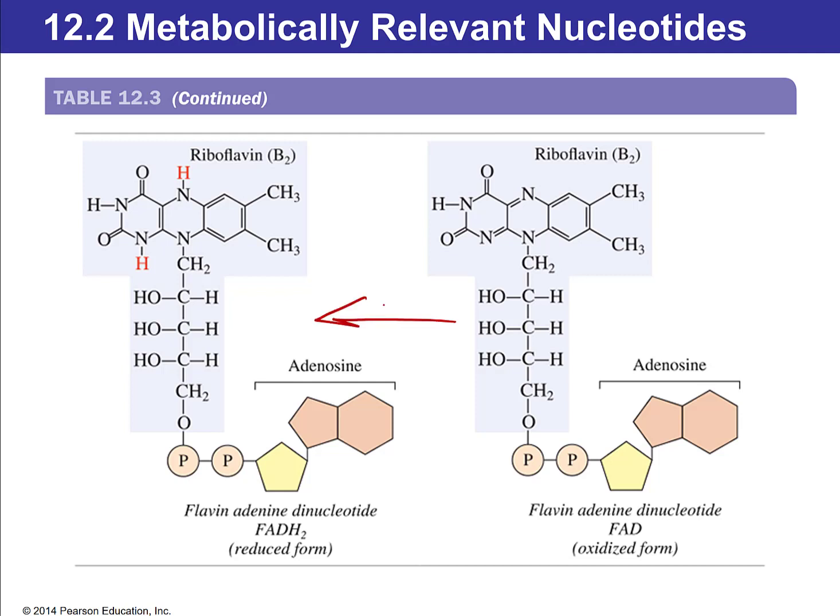Over on the right side is FAD, over on the left side is FADH2. So that's an FAD molecule that's picked up 2 hydrogens off of glucose in the dismantling process. This one stands for flavin adenine dinucleotide, and it's actually another B vitamin. It's riboflavin, which is B2. Niacin's B3. So 2 B vitamins important in metabolism.